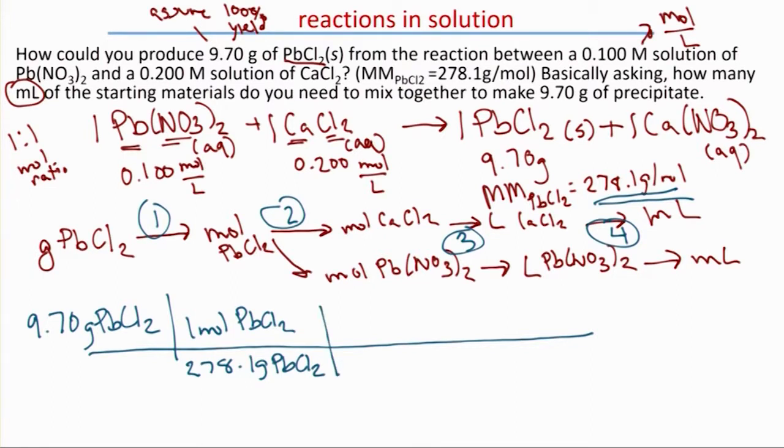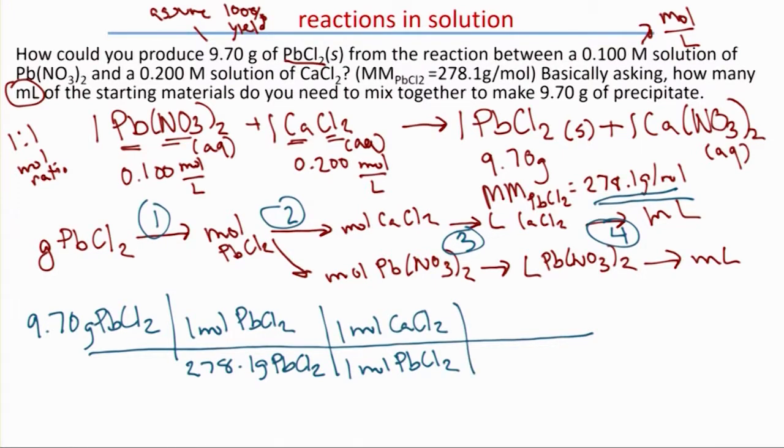All right, once we get it into moles, we can then use the balanced equation. Now we're in step 2. For every 1 mole of PbCl2, and let's go to the calcium chloride first.